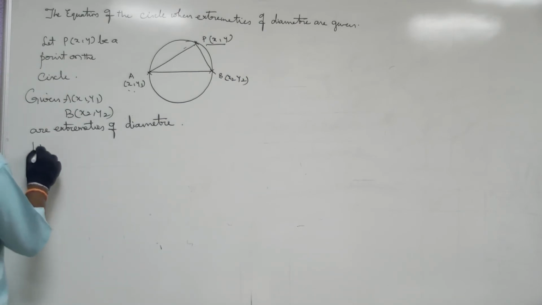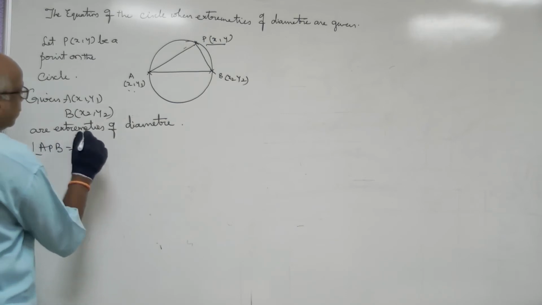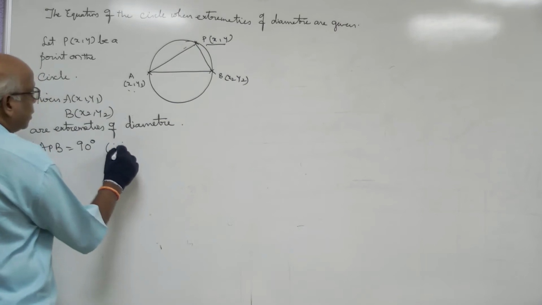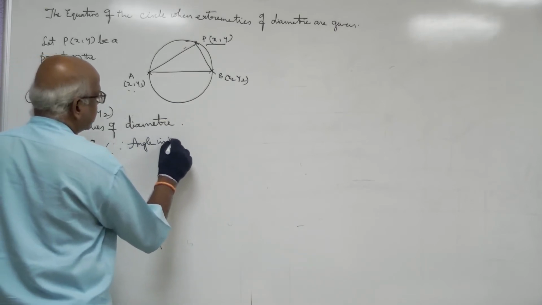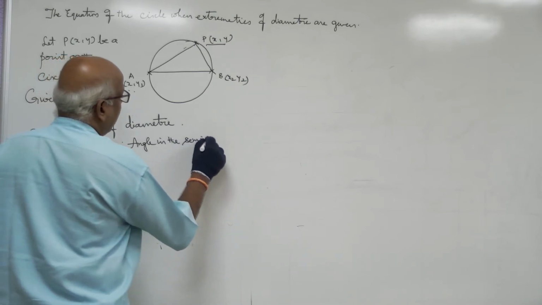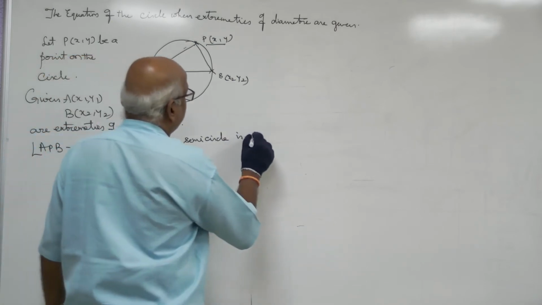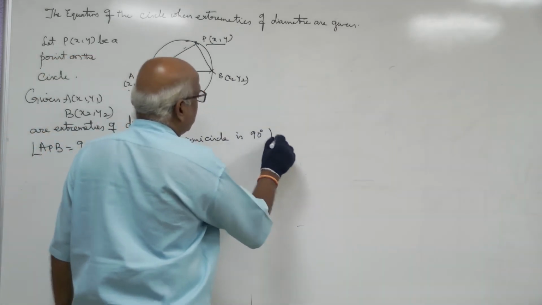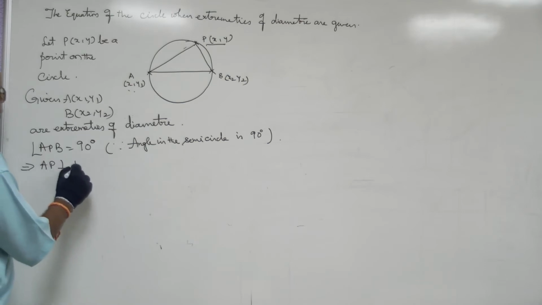Angle APB equals 90 degrees because the angle in a semicircle is 90 degrees, which is a well-known theorem from your earlier classes. So that implies line AP is perpendicular to PB.